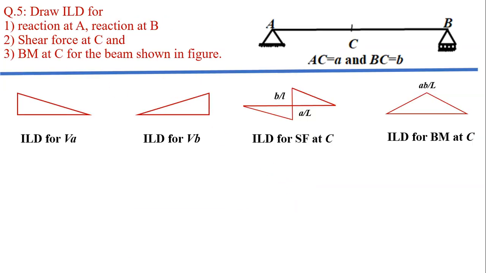Draw influence line diagram for reaction at A. So this is the beam given, with support A and support B. Reaction at A and reaction at B. So this is the influence line diagram for VA. It shows that for the beam under consideration, when the unit load is acting at A, this is a rolling, moving load.